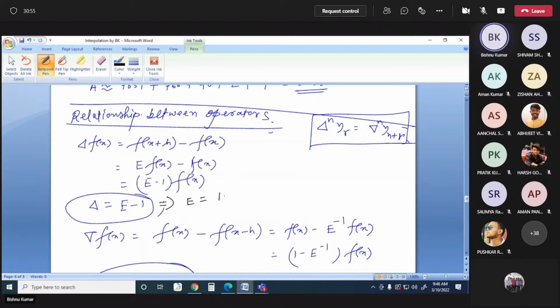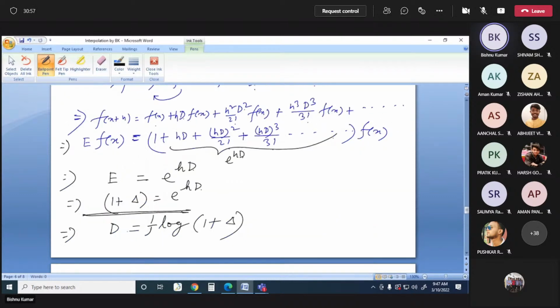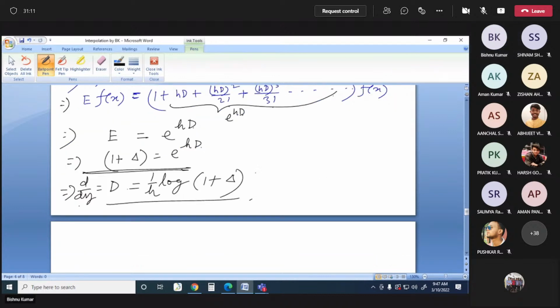Then this is 1 by h, and that is actually dy by dx. So the derivative operator equals, in terms of the forward difference operator, 1 by h log of 1 plus del. But it is still a linear relationship. The expression is linear. So actually D is proportional to the derivative, looks like that.